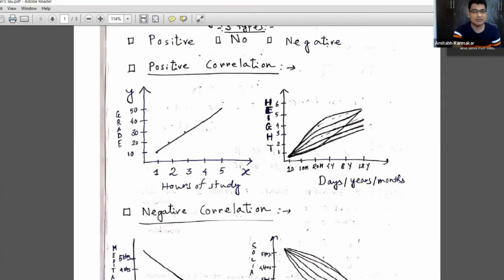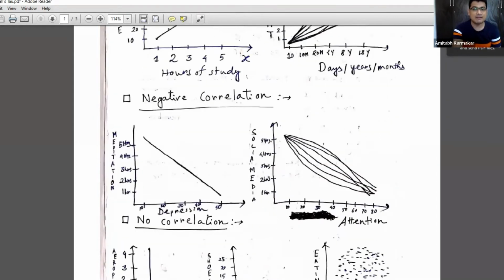Some maybe 2.5 feet, some maybe 1.5 feet. A 4-year-old baby, maybe 2.5 to 3 feet. Some may be pretty tall. An 8-year-old baby, maybe 4 feet, maybe 3.5 feet, maybe 5 feet. So it is not symmetric. It varies. Got it?